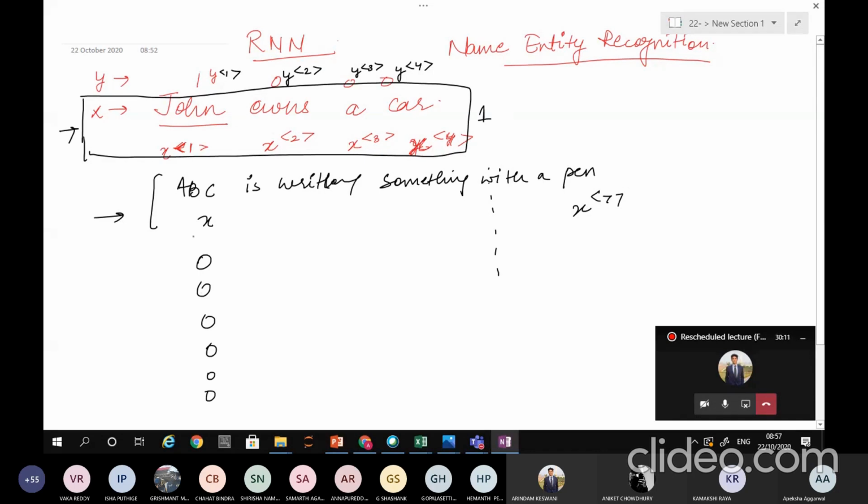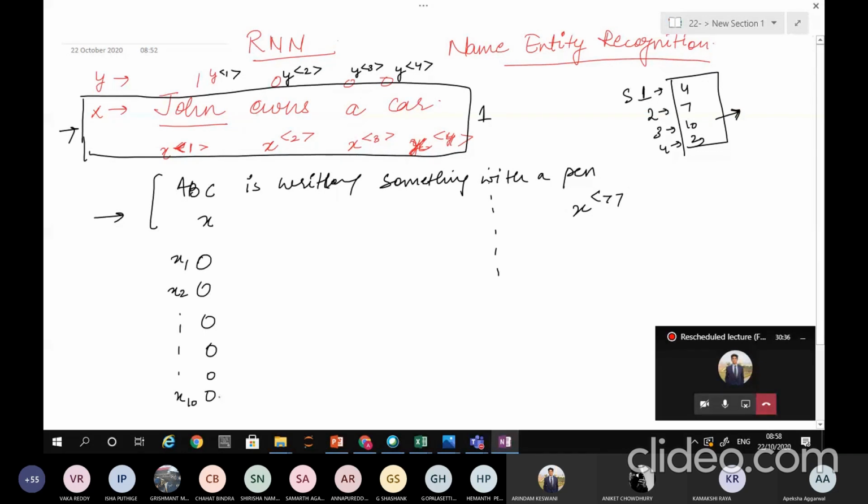So suppose in my data set the first sentence was of 4 words, the second sentence was of 7 words, the third sentence was of 10 words, and the fourth sentence was of 3 words. So the maximum length is 10 words, so we can add x1, x2 up to x10.